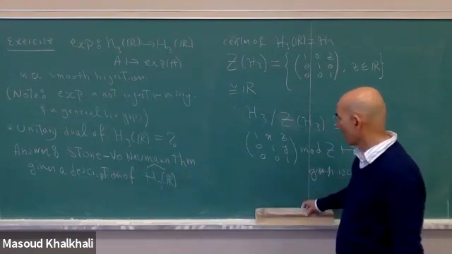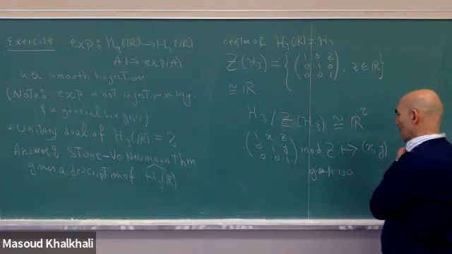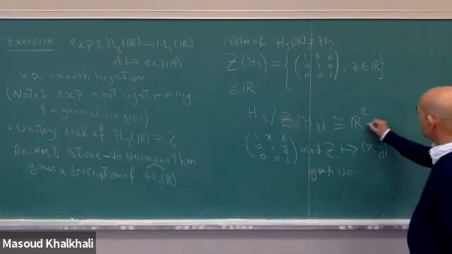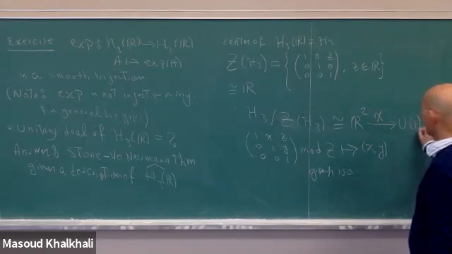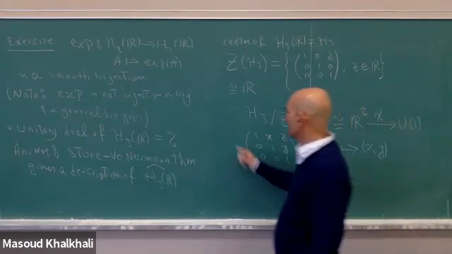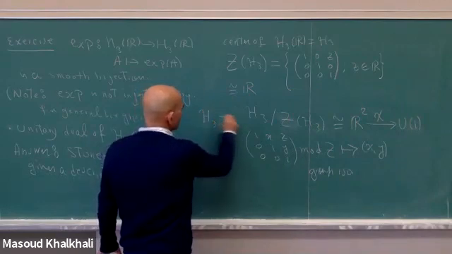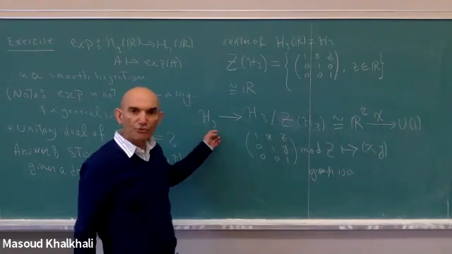Okay. So that's one thing to remember. And now, what you can do is this. You can take any character chi from R2 to U1, and then compose with this projection map, maybe I can call it pi, to get a character of H3, right?